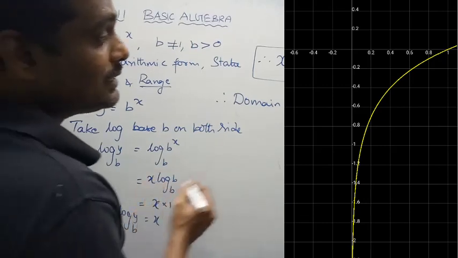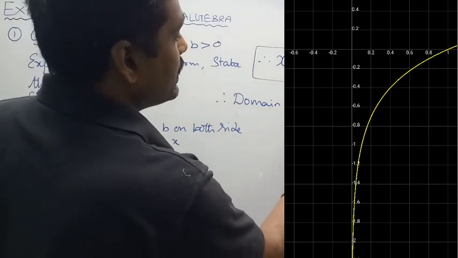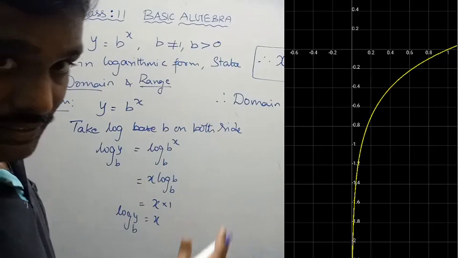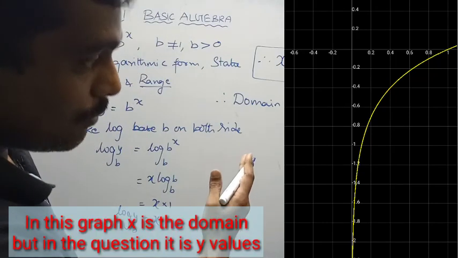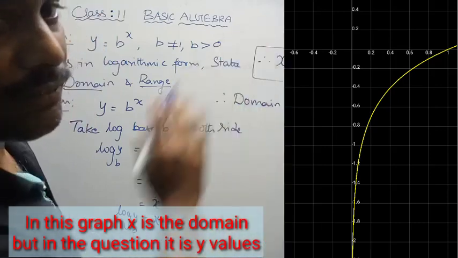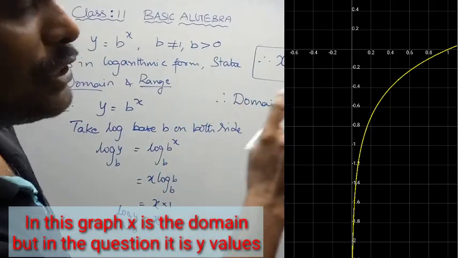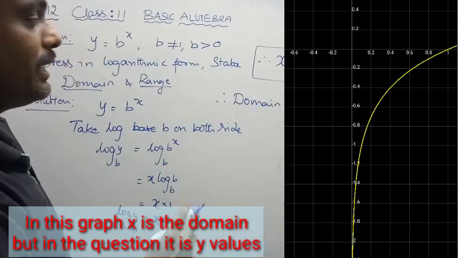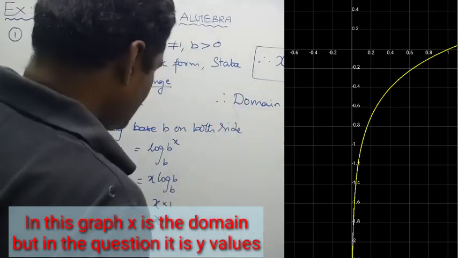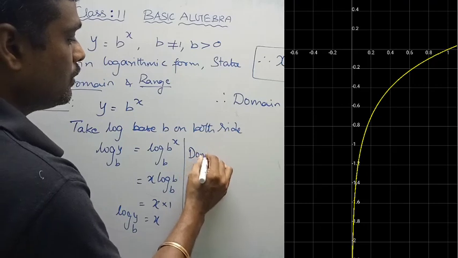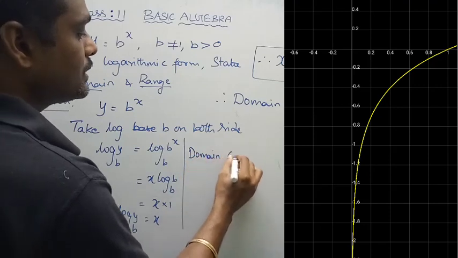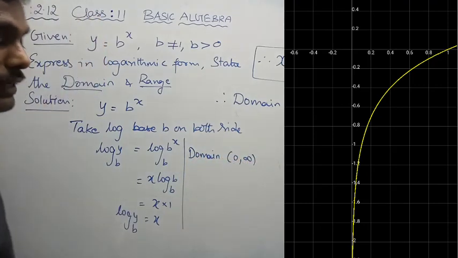So the domain is 0 comma infinity, an open interval. Therefore I'll write here: domain is 0 comma infinity, open interval. Range.